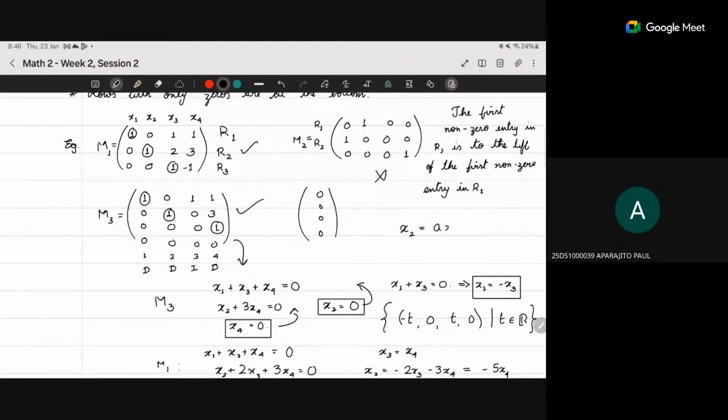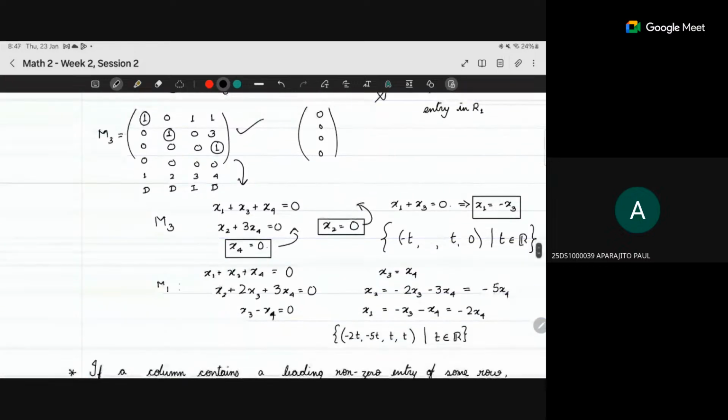You will get x2 as ax3 plus bx4 plus cx5. So the dependent variable is dependent on the independent variables, and these a, b, c could be 0 as well. In that case, you do get a particular solution. So technically, this can be written as 0t, 0t.